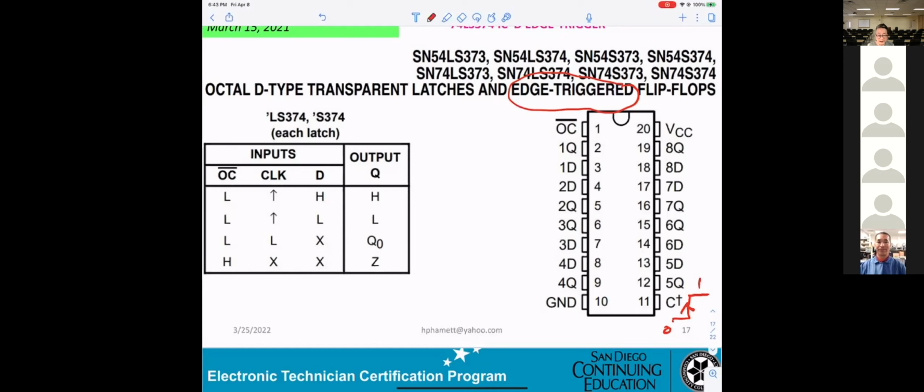That means at level 1, they allow input D to go inside the IC. However, edge trigger, they need the clock 0 to 1, so input D can go inside the IC. Same thing, output control 0. Whatever data is inside the IC will go into the output.